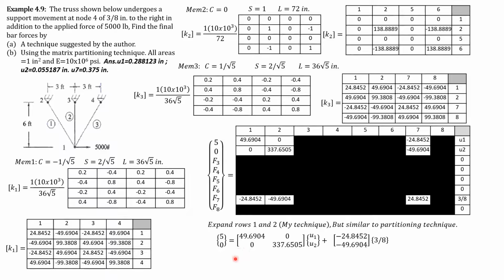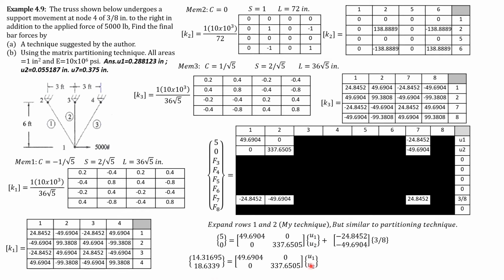Then 0 plus, because this is negative, it becomes positive, 49.6904 times 3 eighths. So the upper load becomes 5 plus 24.8452 times 3 eighths, so it becomes 14.31695. The lower load is 0 plus 49.6904 times 3 eighths, so 18.6339. Then this is the original matrix, then U1, U2.